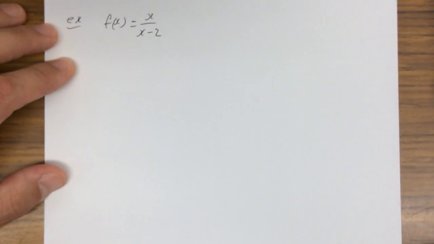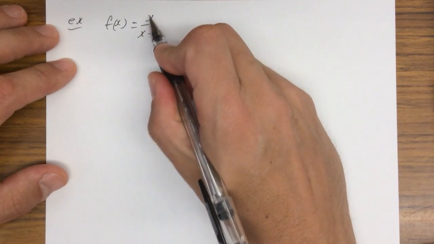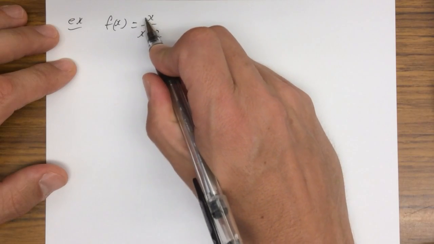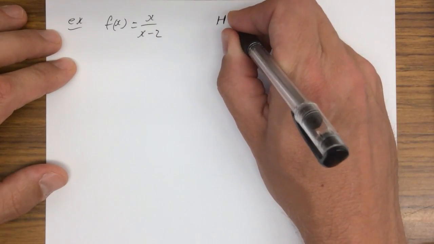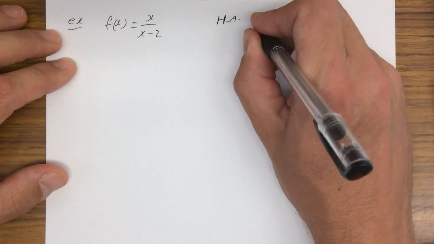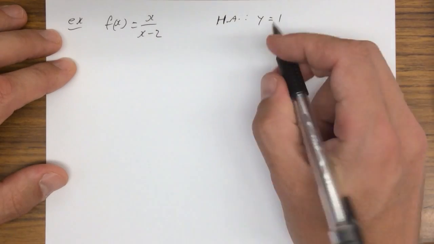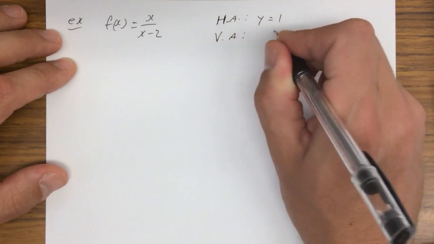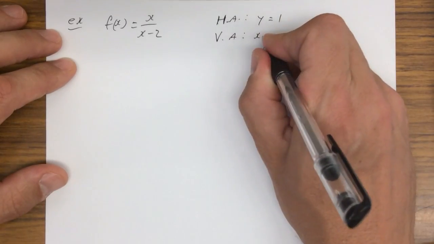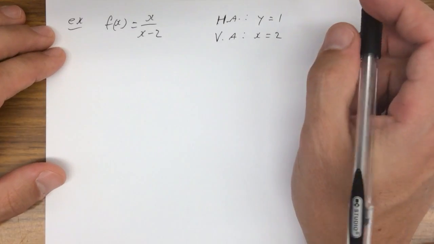And the end behavior for that, if you remember, because the degree on the top and the bottom is the same, the leading coefficients are 1. So you know that the horizontal asymptote is y equals 1 over 1. We also have a vertical asymptote of x equal to 2, because you can't divide by 0.